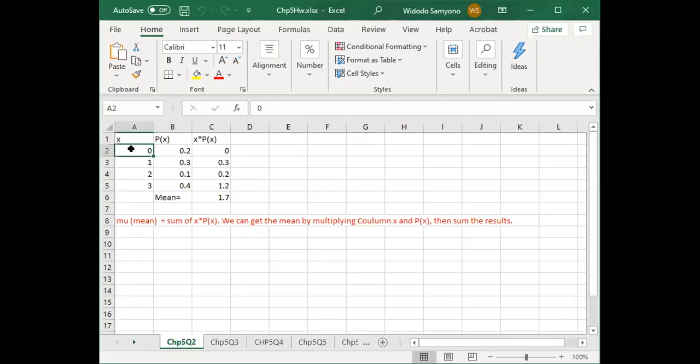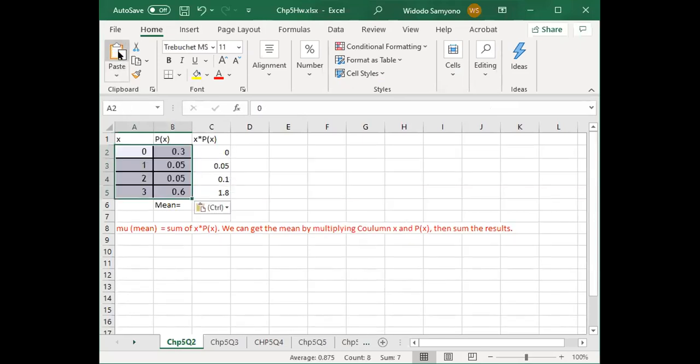Click here, or click paste, or use Control V, and you get this number here. To get the answer, click that one and then enter. So you can see the answer here.